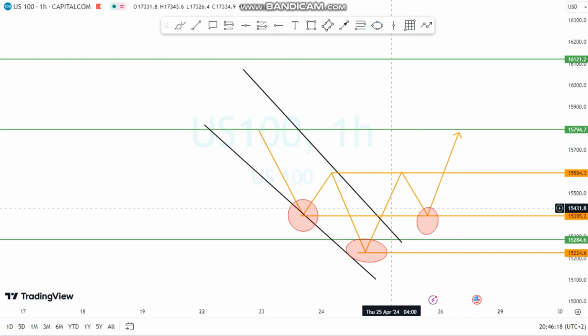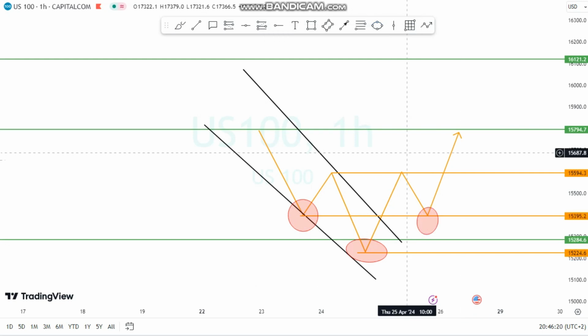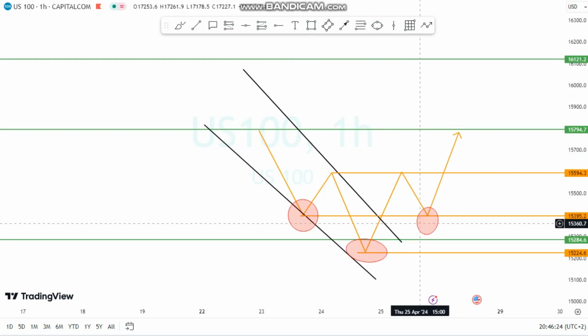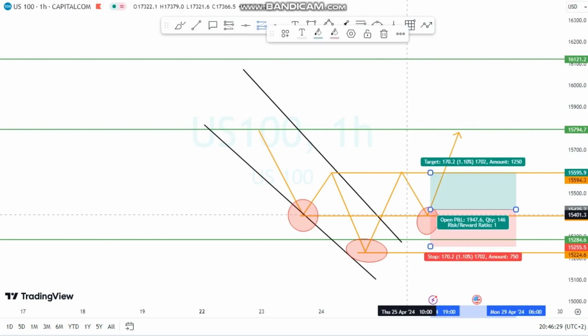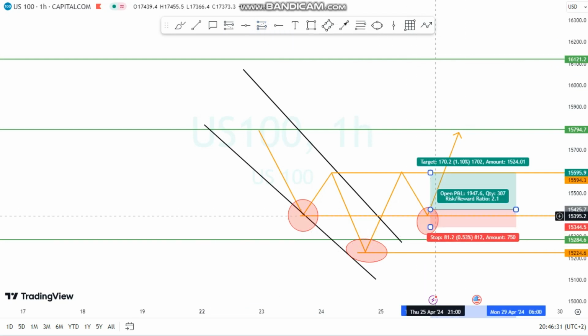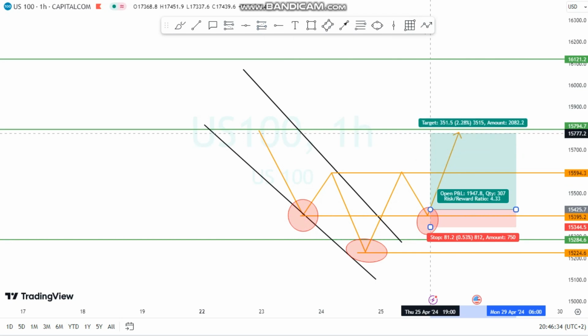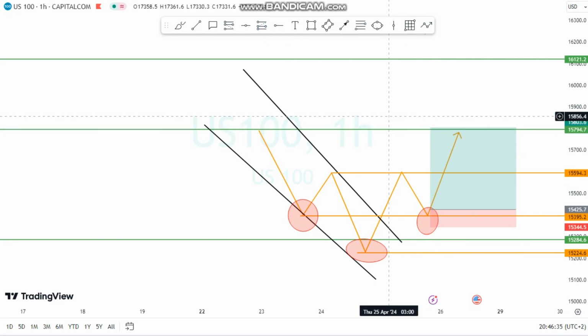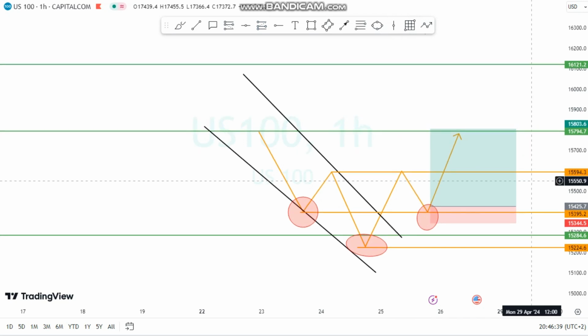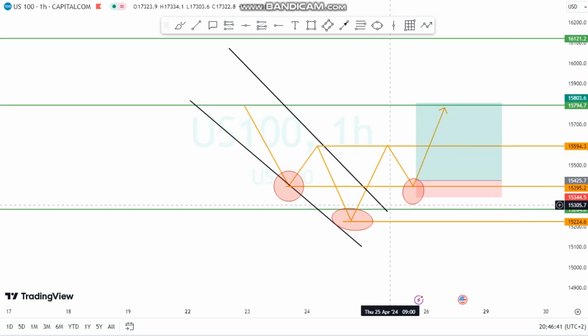Now how you can trade this is you normally get in on the right shoulder. So you're probably going to go long somewhere there, with your stop loss somewhere there, and your target is going to be on the next important zone, the next significant zone.